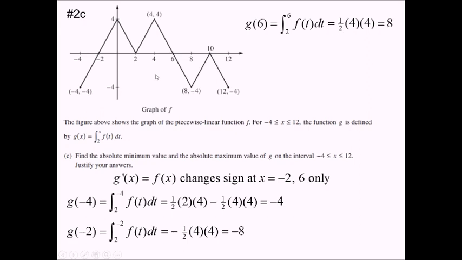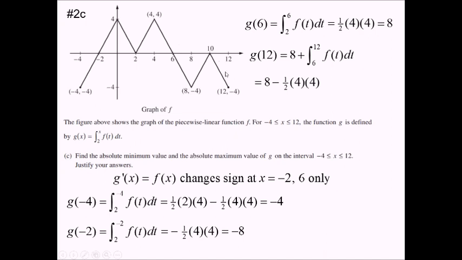And then finally, the endpoint 12, this is just going to be the area I've already acquired from 2 to 6, which we said was 8, plus the area from 6 to 12. Well, that area we're going to be subtracting a triangle with a base of 4 and a height of 4, so -1/2 4 times 4.